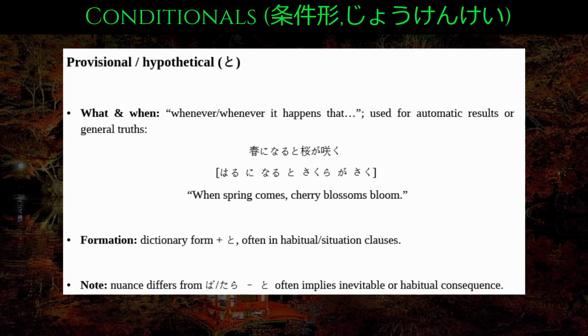For example, 春になると桜が咲く. When spring comes, cherry blossoms bloom. As for the formation, here we have simply the dictionary form or jishokei or PL2 plus to, often in habitual or situational clauses. Now, note here, the nuance differs from ba and tara because to often implies inevitable or habitual consequences.